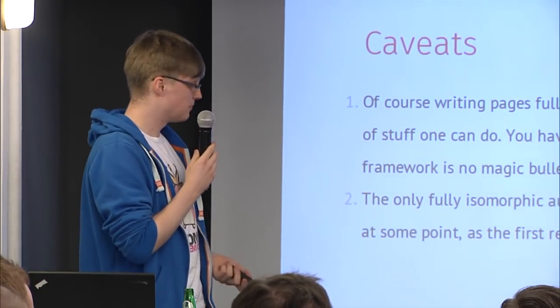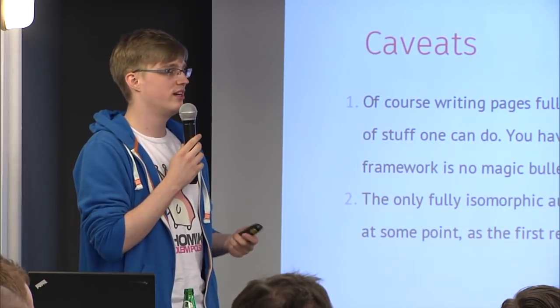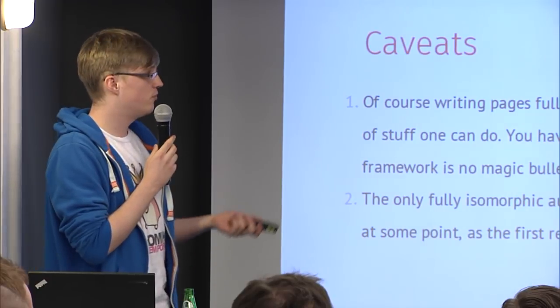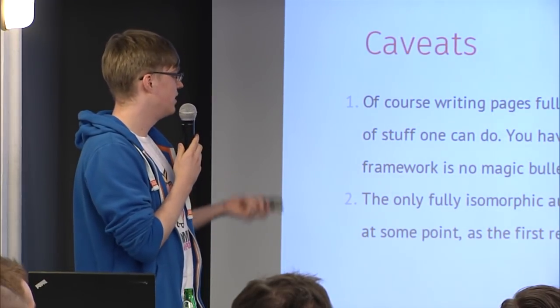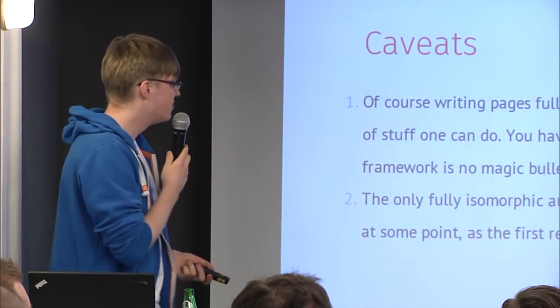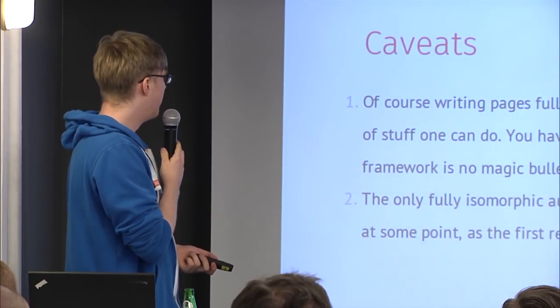So if you really want to go fully isomorphic, you probably won't be able to. But if you treat this isomorphism as a bonus, I think it's completely transparent to the user. I'll show you in a moment on the real code how it looks, and it hopefully will be clearer.